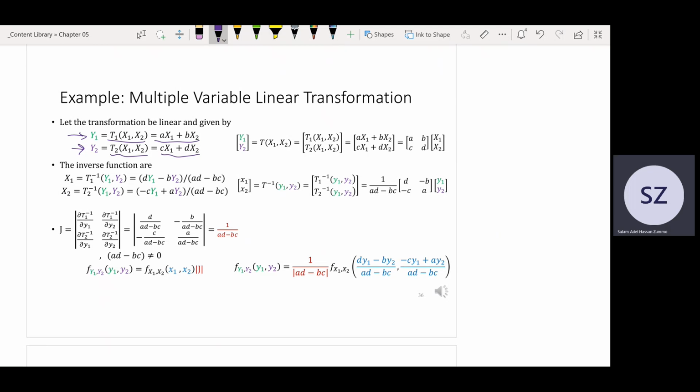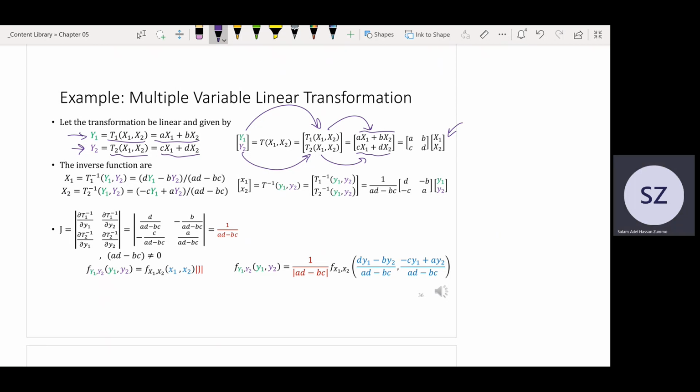If we write it in terms of a matrix, Y1, Y2 will be a vector which is a function of the vector X1, X2. How does this function look? Y1 is the function T1 of X1, X2, while Y2 is the function T2. T1 is aX1 plus bX2, and T2 is dX1 plus cX2.